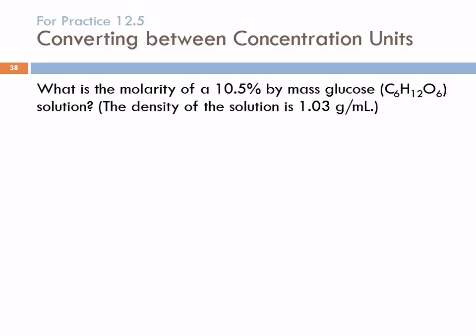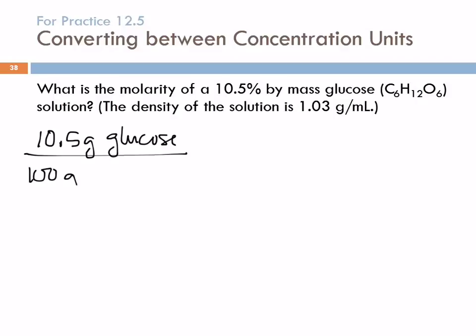We need to be able to take one concentration unit and convert it to another. What's the molarity of a 10.5% by mass glucose solution? The density of the solution is given. Well, 10.5% by mass means 10.5 grams of glucose per 100 grams of solution.